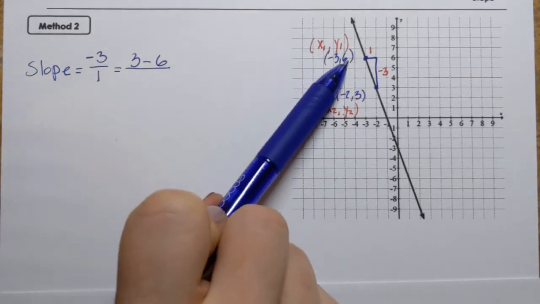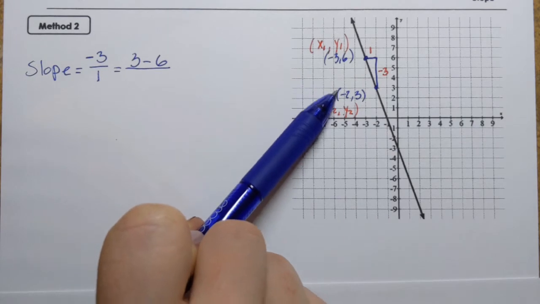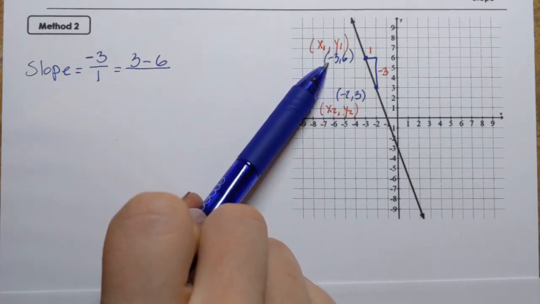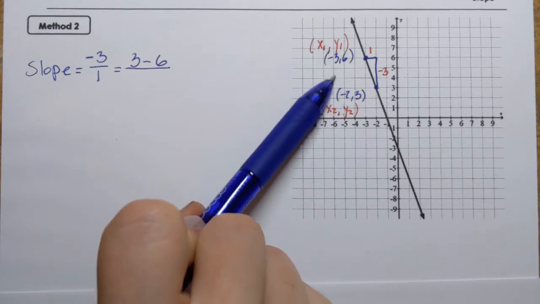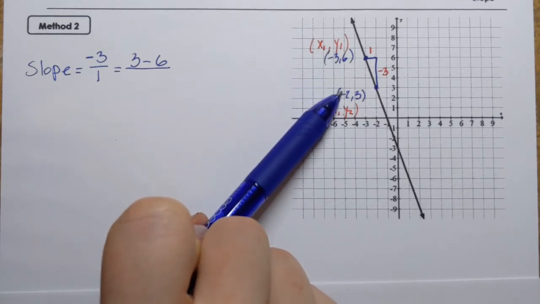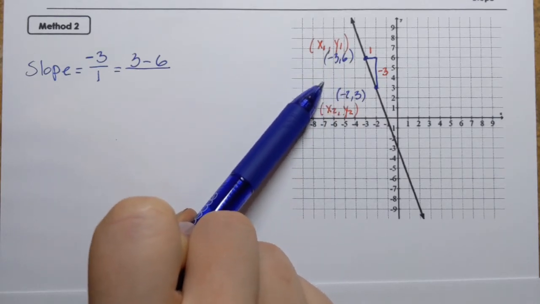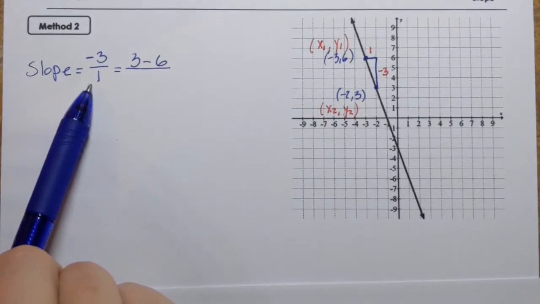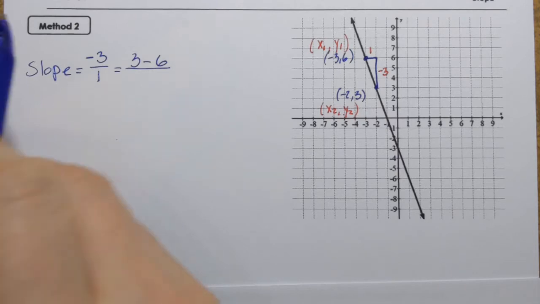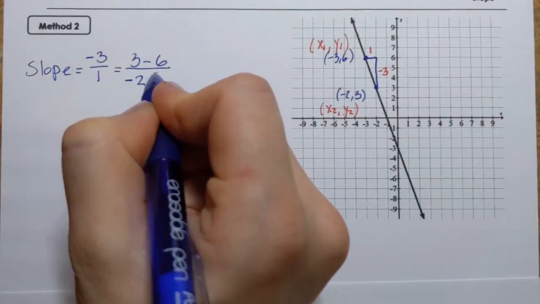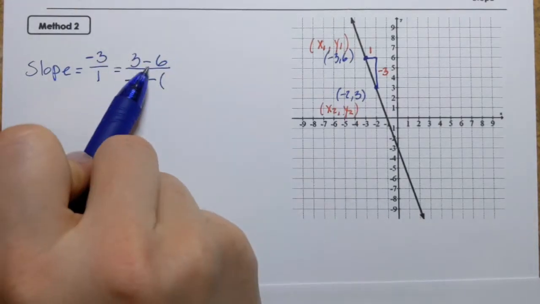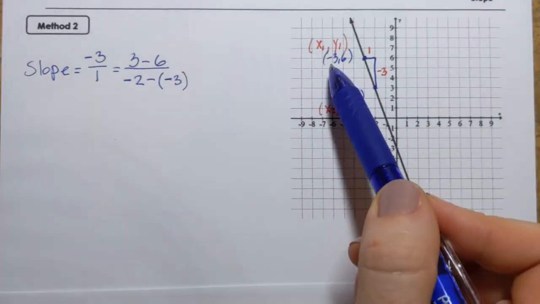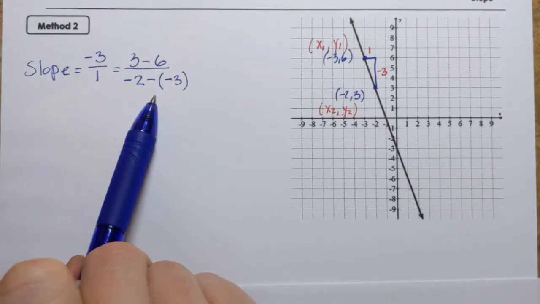Okay, how about 1? Since I already used y coordinates, let's see how we can manipulate the x coordinates. It's going to be a little bit more tricky because they're both negative numbers. How do we put them together so that the result ends up being 1? Well, in this case, I'll take -2 and subtract, I'm using subtraction again as on the top, the x coordinate of the first point, -3.